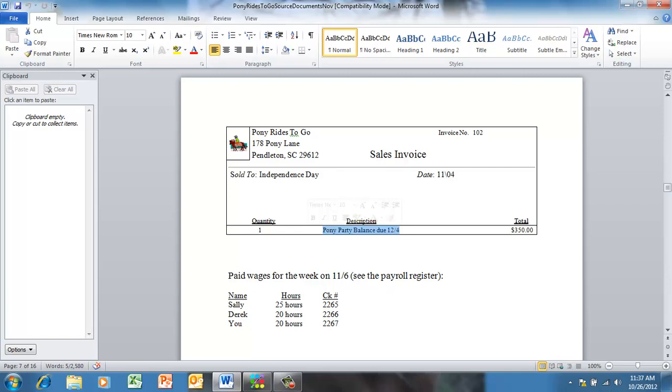So we're not receiving cash today on November 4th. This is one where the customer owes us, is what we're receiving, and we're giving up the fact that we sold services. So we'll have to debit accounts receivable on these and credit sales-pony parties.